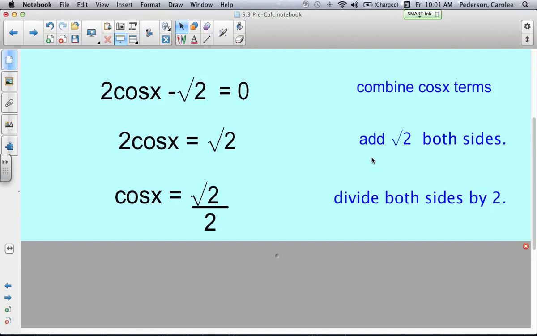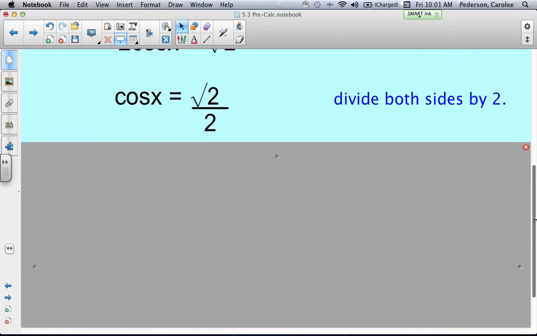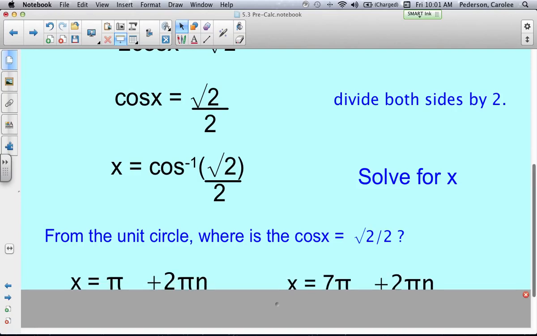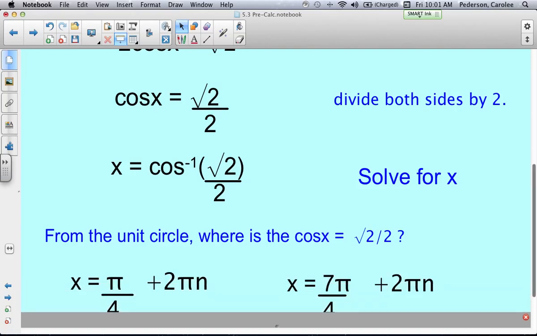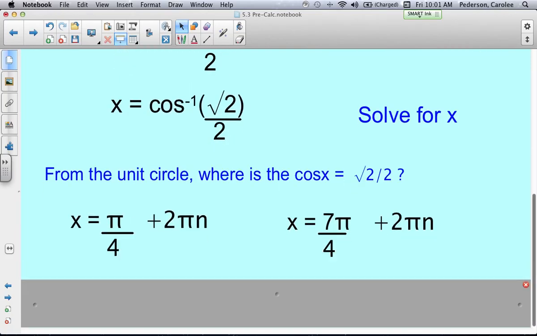And then where do we go from here? Then get that answer from the unit circle. So where on the unit circle do we get the cosine of x equaling the square root of 2 over 2? At pi over 4 and 7 pi over 4 for that first revolution.